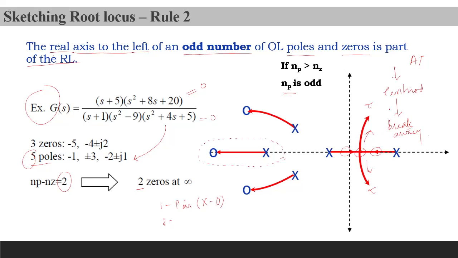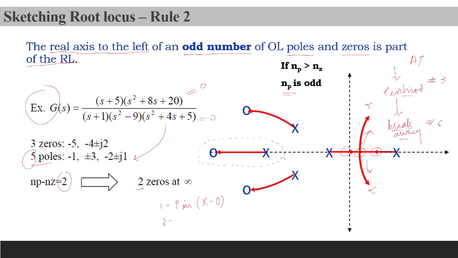This is actually your breakaway point, and you'll be choosing it on the basis of your centroid. We'll see how to select this breakaway point in rule number 6, and how to find the centroid, which is somewhere like here. In rule number 3, we'll see how to calculate the centroid.